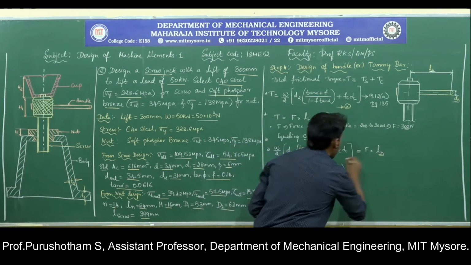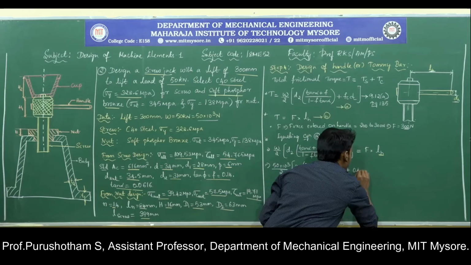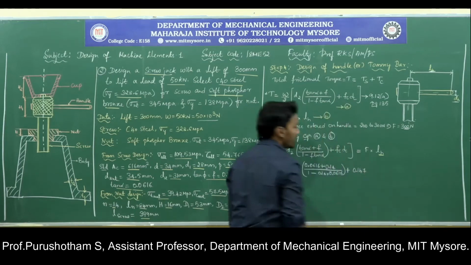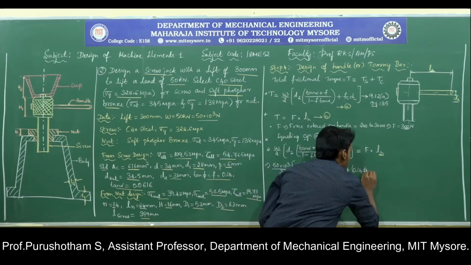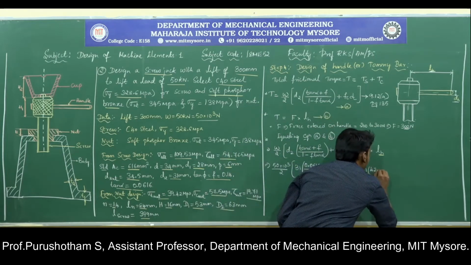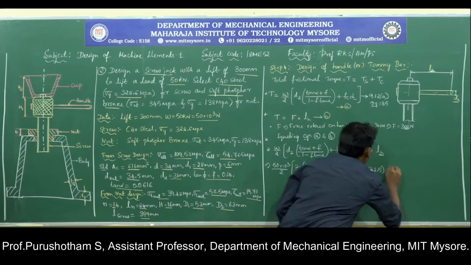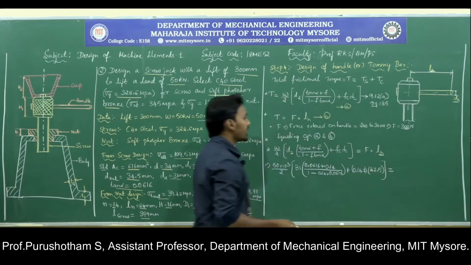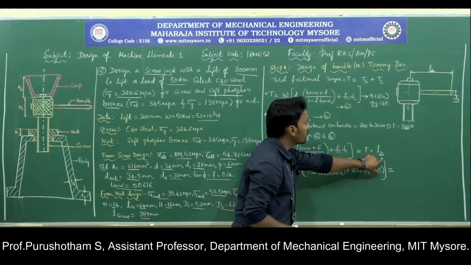FC is the coefficient of collar friction, that is 0.147, into DC, the mean diameter of the collar, 42.5, which is equal to F into effective length.